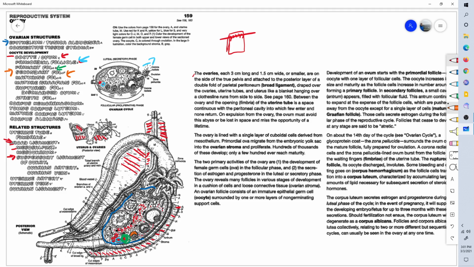And it's a gap between the follicular cells. And that gap or that hole is called an antrum. Right here. And it fills with fluid called follicular fluid, which is more nutrients and support for the oocyte.